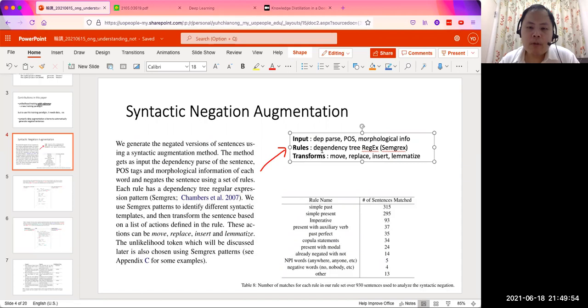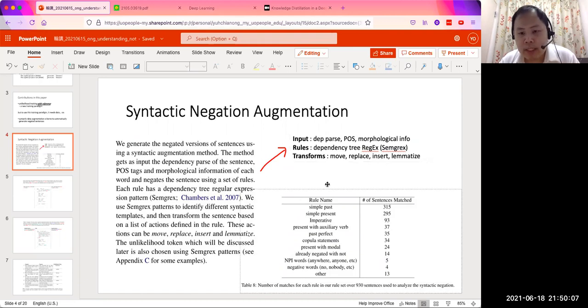Once they identify the corresponding parts, they will perform 4 transformations: move, replace, insert, lemmatize. Based on the dependency tree regex, what they found in their data is that for 930 sentences, the majority of the sentences match the simple past pattern, etc. This is just good to note.